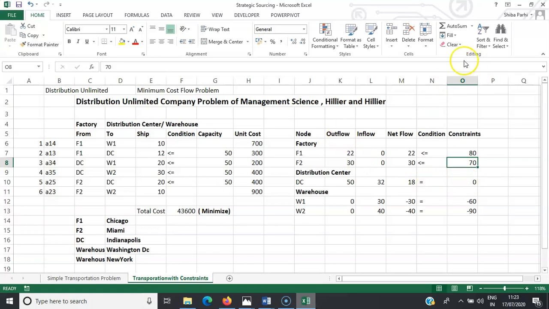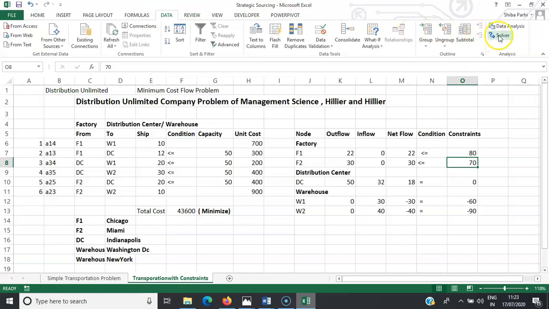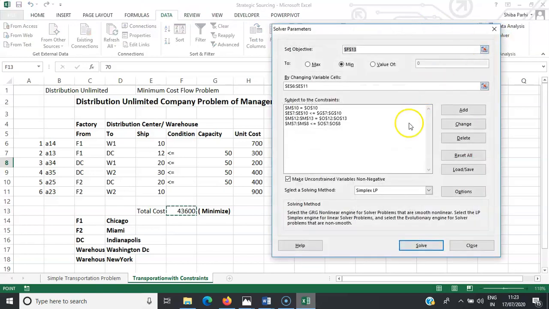So putting all these constraints in the data analysis in the Solver, what we can see now, if I put all these constraints, the total cost is nothing but the sum product of the shipping quantity and the total unit cost.